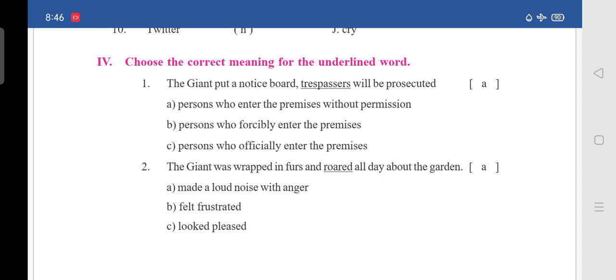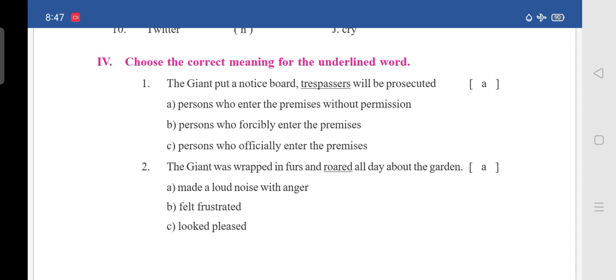Here the underlined word is trespassers. So what is the meaning of that? Persons who enter the premises without permission, persons who forcibly enter the premises, persons who officially enter the premises. In that, which one? It is A. Persons who enter the premises without permission. So first one is A.